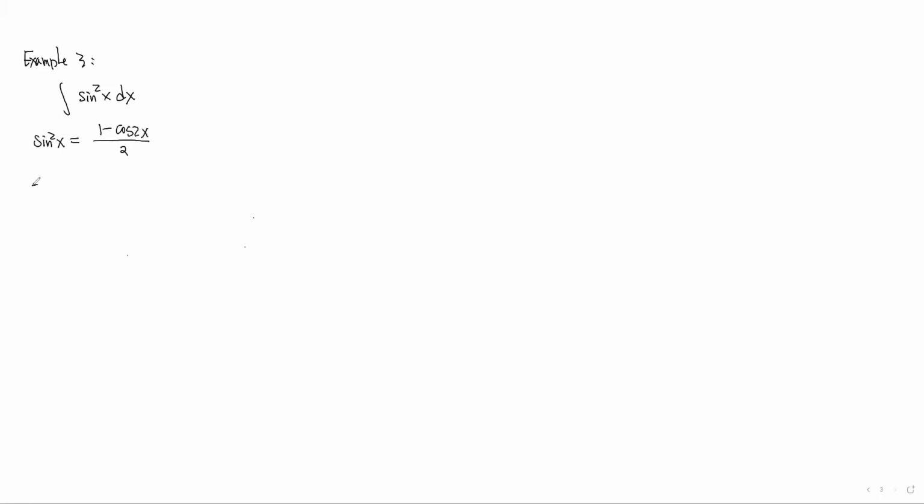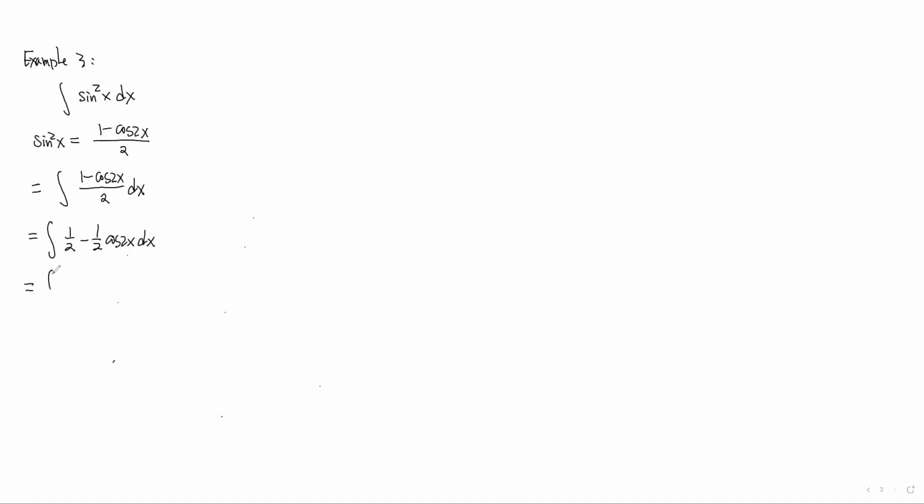After you use this identity, we have half times (1 minus cosine 2x) dx, right? So let's simplify. This is half minus half cosine 2x, dx, right?